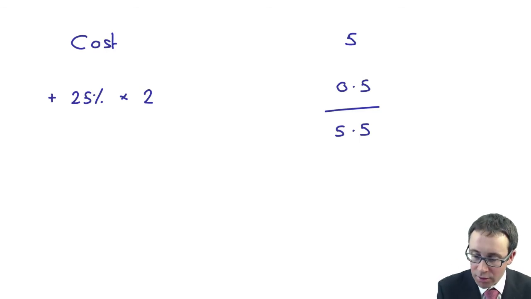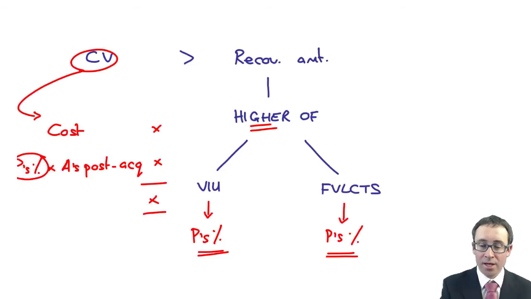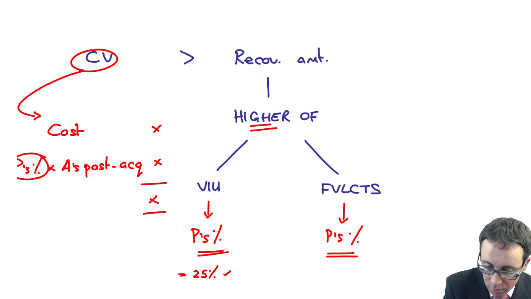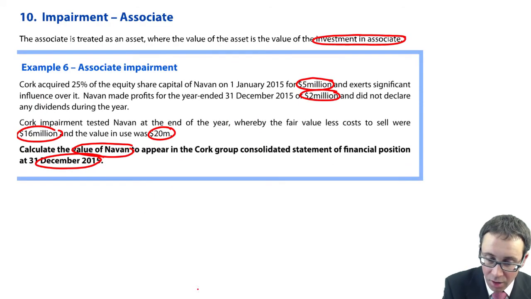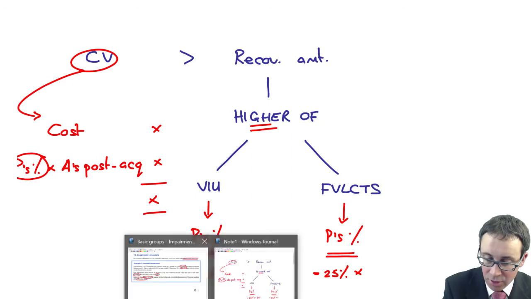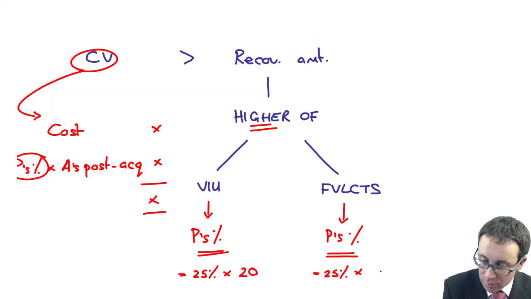Because remember, what you've got to go through and do there is take our share. So here, our share of the value in use is 25% of that 20 million. And just for completeness, the fair value less cost to sell was 16, wasn't it?